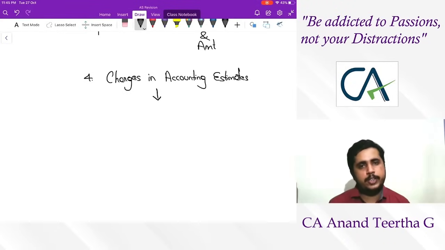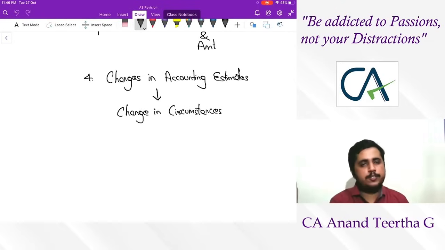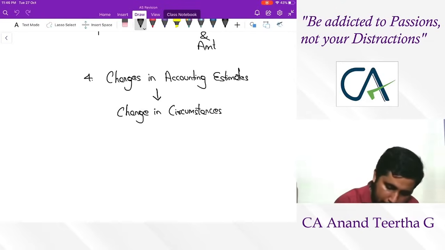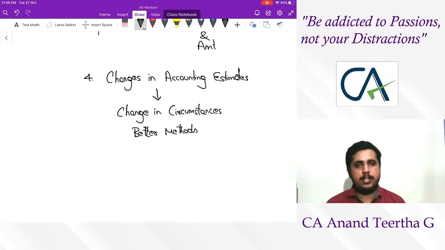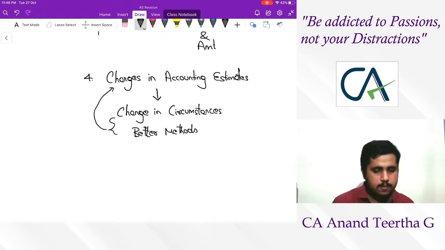In all those situations, you have to deal with certain elements on an estimation basis. So whenever there is an estimation basis, because of change in circumstances or better methods, and other such requirements, a change in estimate might take place.